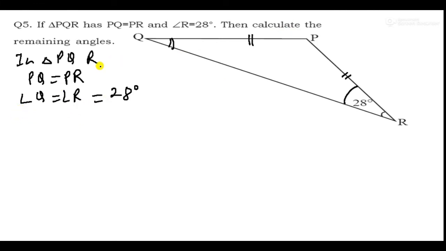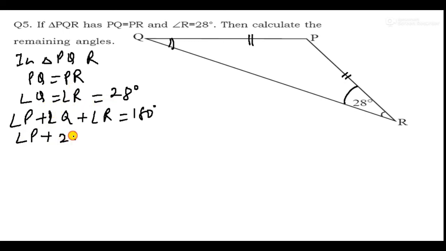In this triangle, angle P plus angle Q plus angle R is equal to 180 degrees. Angle P we don't know, but angle Q is 28 degrees and angle R is also 28 degrees. Adding them gives 56 degrees.